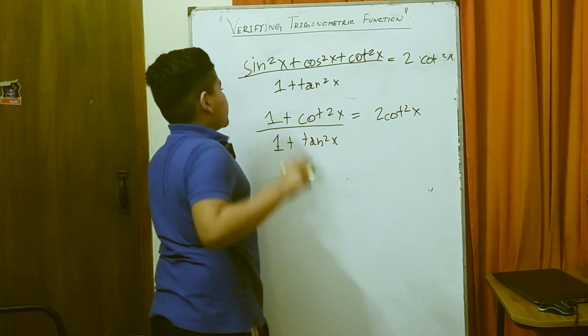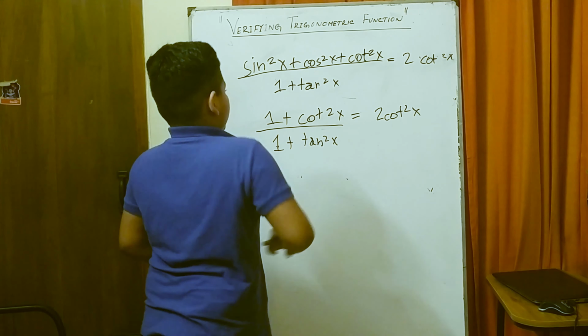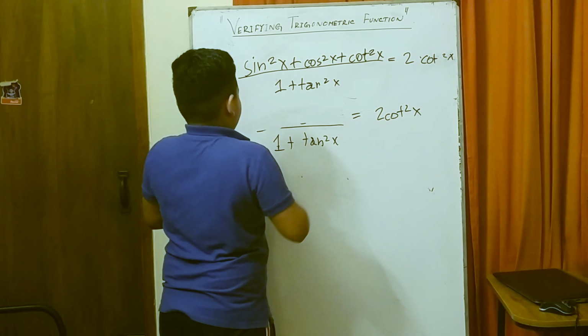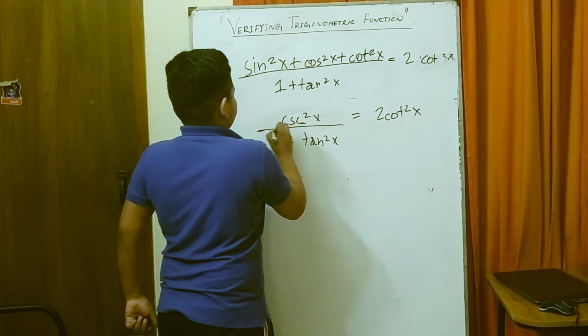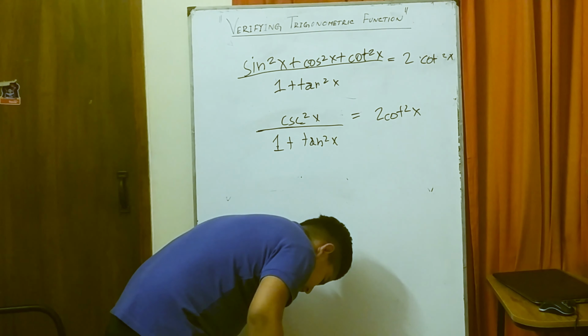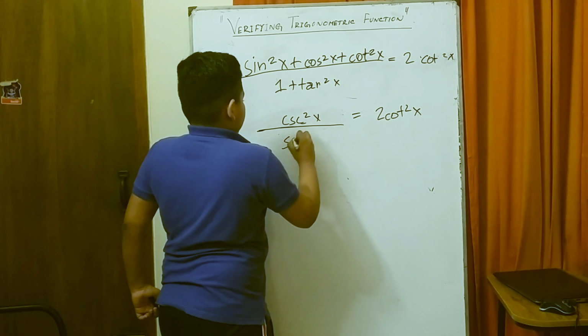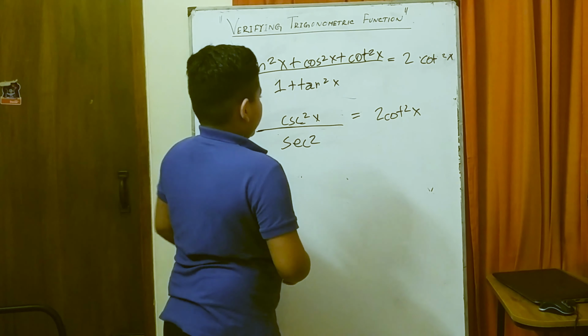Then 1 plus cotangent squared of x is equal to cosecant squared of x, and 1 plus tangent squared gives secant squared of x, the one we just saw earlier.